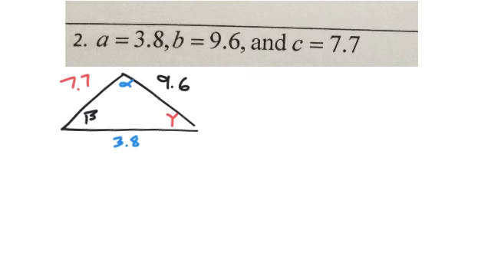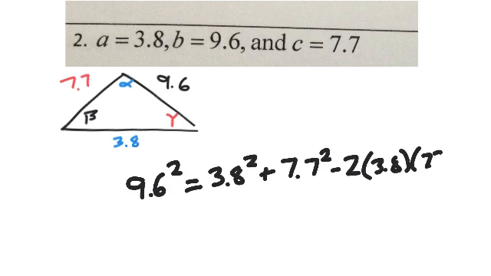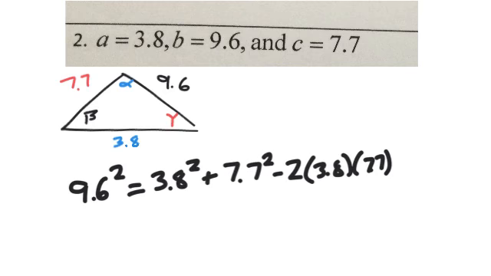So I have to find beta first. I'm going to use that second formula: 9.6 squared equals a squared plus c squared minus 2 times a times c times cosine of beta.